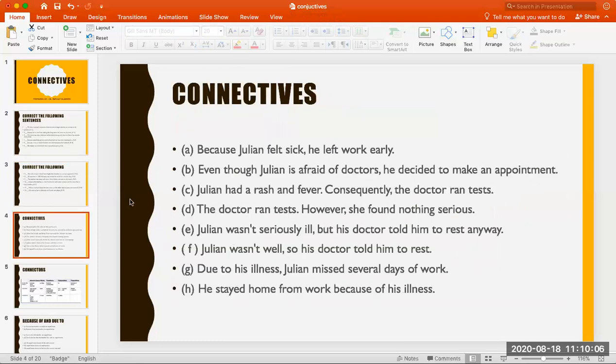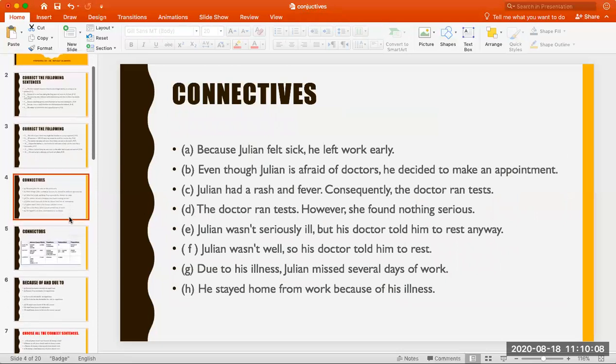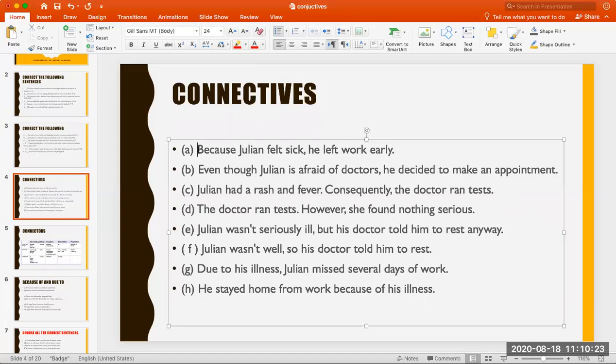Now, when we talk about connectors, they can be many things, like I said. They can be subordinators or coordinators, or they can be transition signals. Because Julian felt sick, he left work early. So this is the subordinate clause, and this is the main clause here.